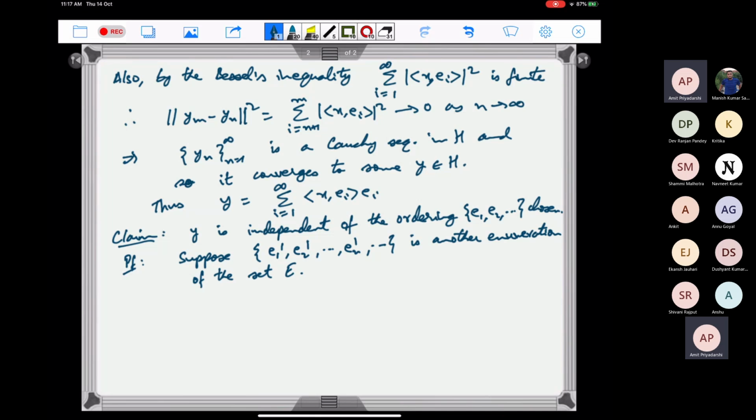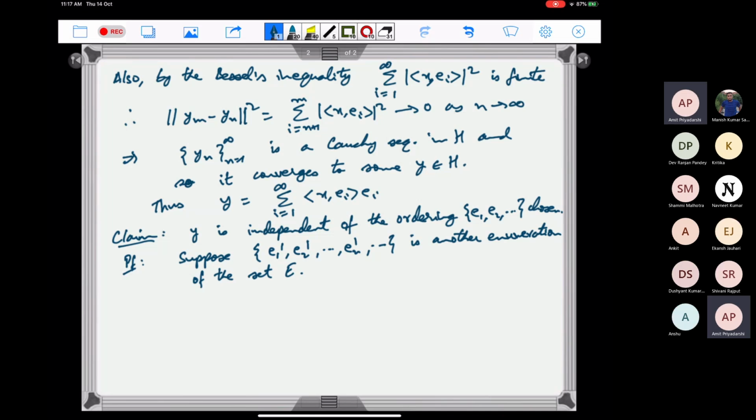So we cannot say, using that result, that this will be independent of the ordering. What we have to use here is that this is an orthonormal set, and using that we can still show that for any rearrangement this series will converge to the same vector y.